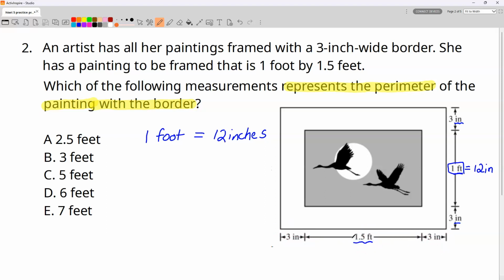So what do you think 1.5 feet would be in inches? Think about this. 1 foot is 12 inches, but I want 1.5 feet.